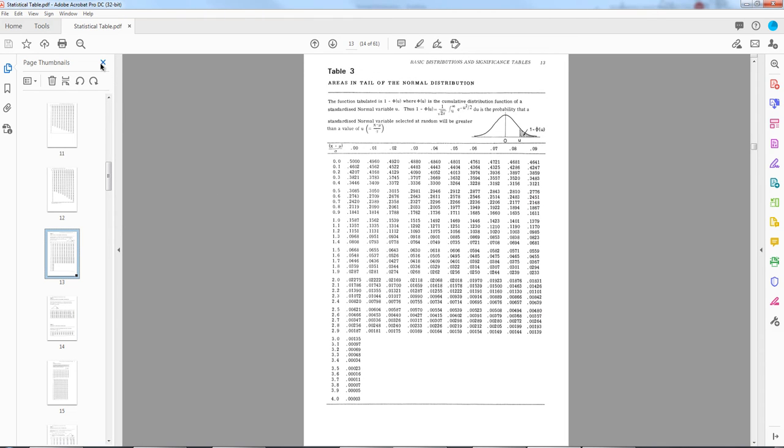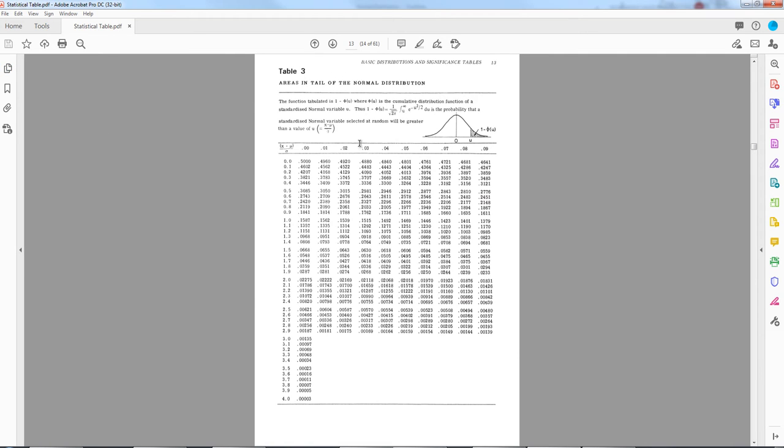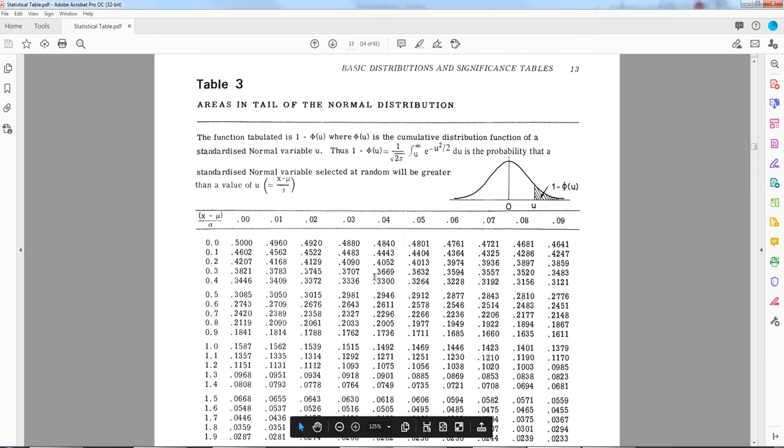I believe you already have a statistical table. I already provided it in Google Classroom. If you don't have one, please find it in Google Classroom.